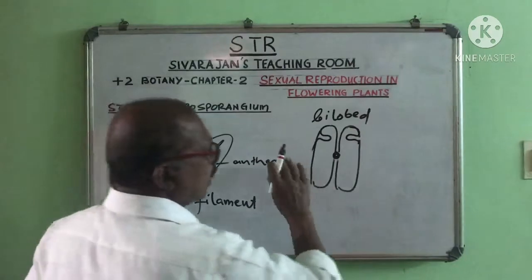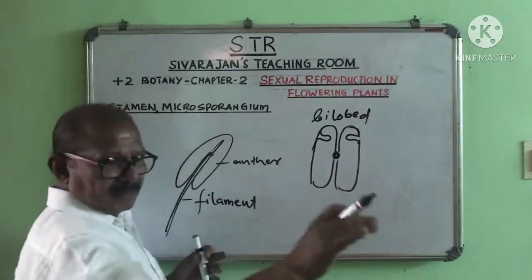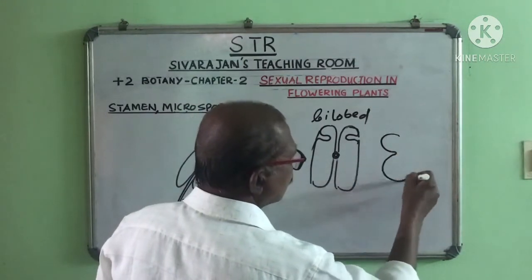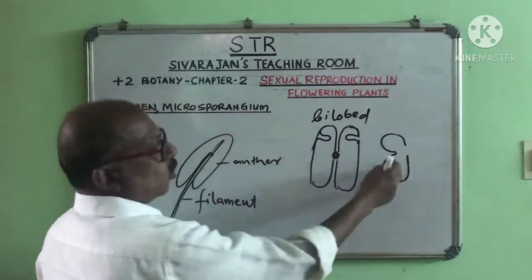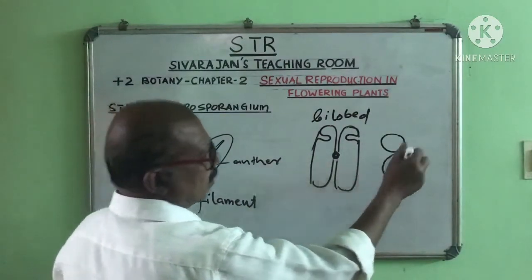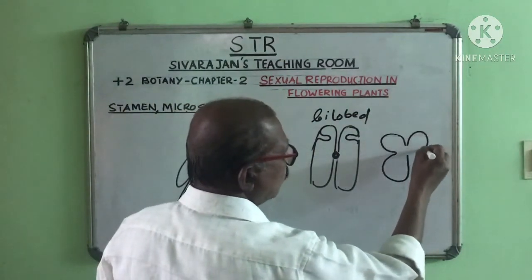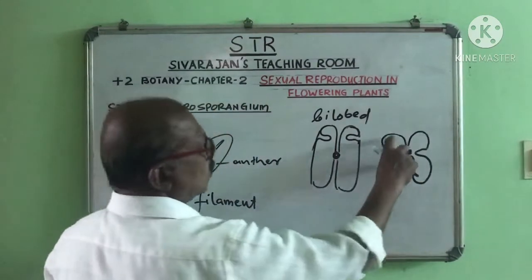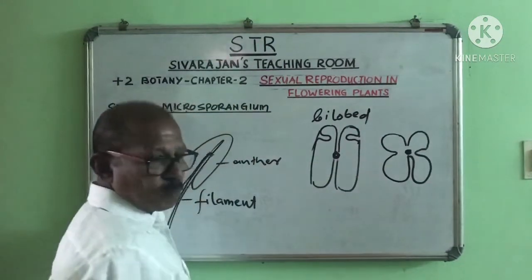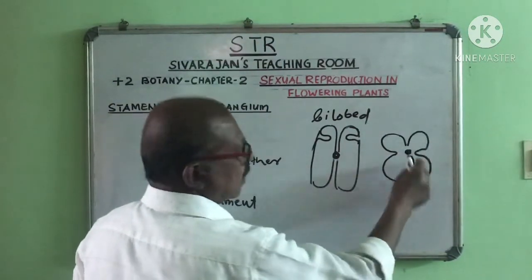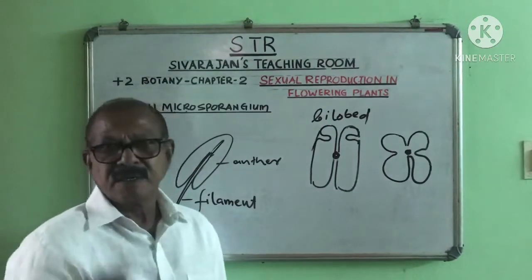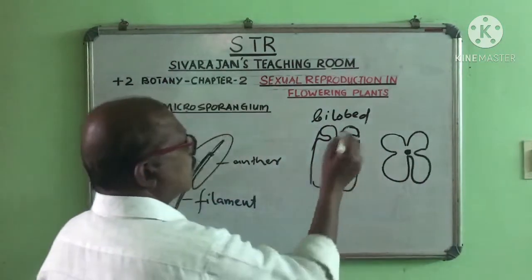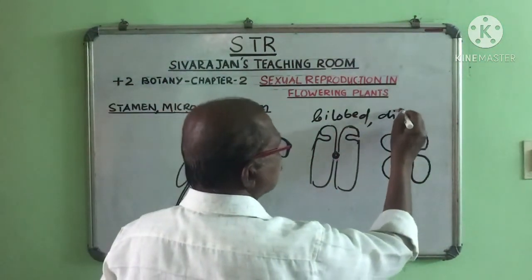If we cut the anther in cross section, this is one lobe, this is one theca, this is another theca, and this is another lobe, with the connective tissue in the middle. Each lobe has two theca. Theca means cavities or spaces inside it. So we can say that it is bilobed and dithecous.